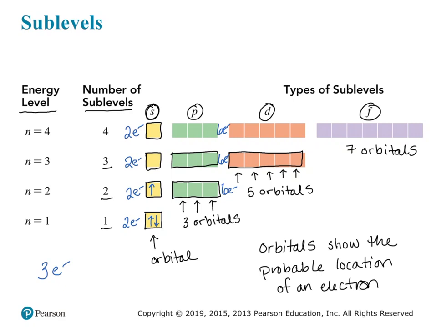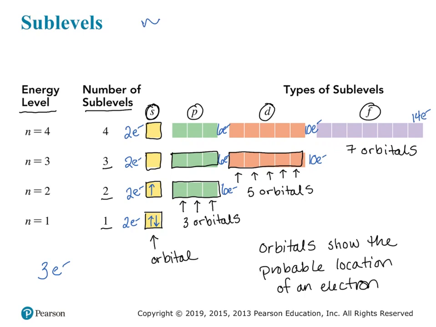And then d orbitals, there's 5 of them, and each one can hold a maximum of 2 electrons. So that's a total of 10 maximum electrons that d orbitals can hold. And then f orbitals, there's 7, so that can hold a maximum of 14 electrons.